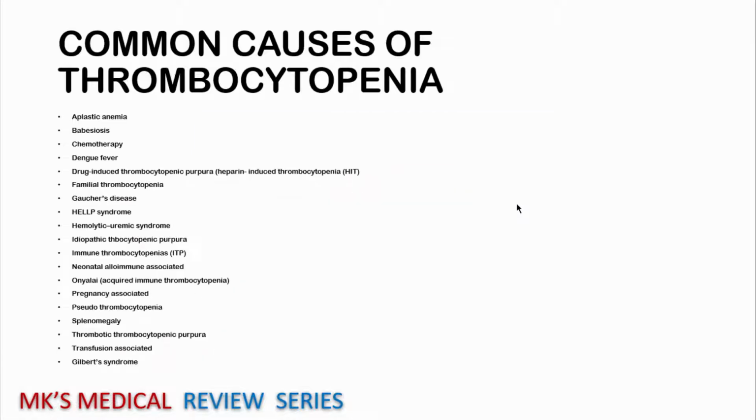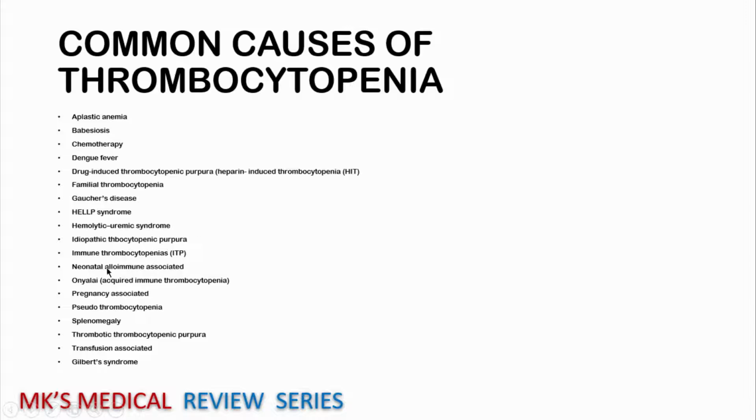Some common causes of thrombocytopenia include aplastic anemia, babesiosis. You may have chemotherapy, dengue fever, drug-induced thrombocytopenic purpura, which is often due to heparin, familial thrombocytopenia, Gaucher's disease, HELLP syndrome, which is hemolysis, elevated liver enzymes, low platelet syndrome, which is seen as a complication of preeclampsia and eclampsia in pregnancy, hemolytic uremic syndrome, idiopathic thrombocytopenic purpura, immune thrombocytopenic purpura.